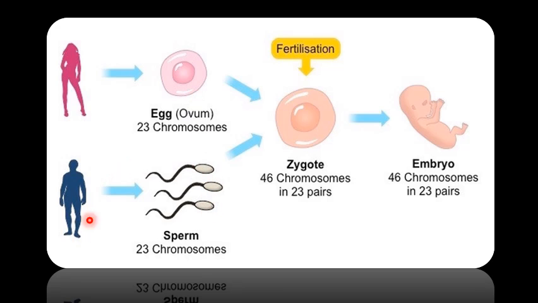In the case of male we have sperm, in the case of female we have egg. Except these gamete cells, all the somatic cells, meaning our body cells, contain 46 chromosomes, but these two sex cells contain only 23 chromosomes, so that when they both combine they form 23 pairs of chromosomes.